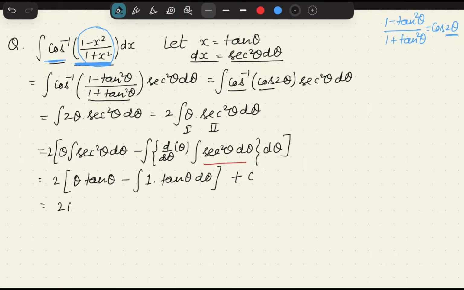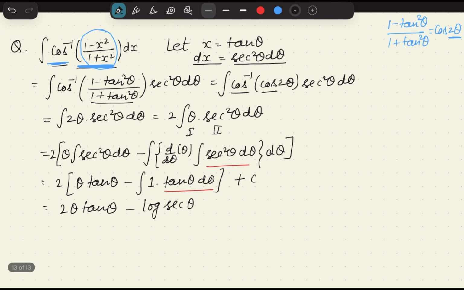So we get here 2 theta tan theta minus log sec theta, because we know integration of tan theta is log sec theta, plus c.